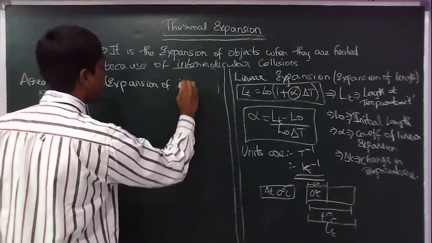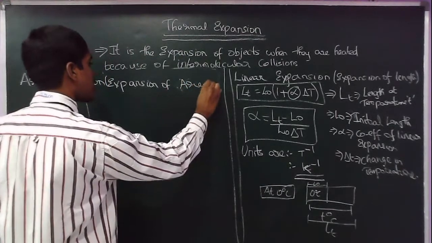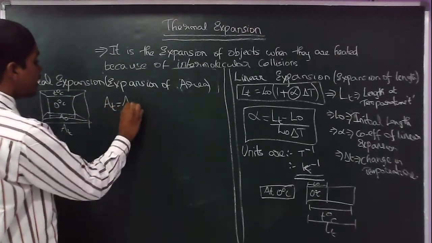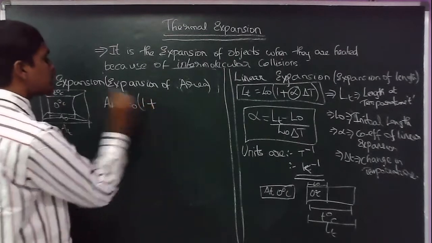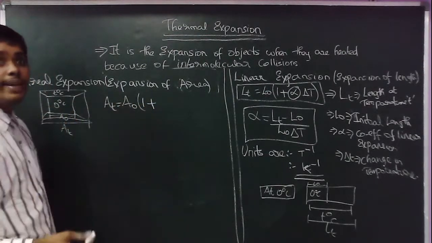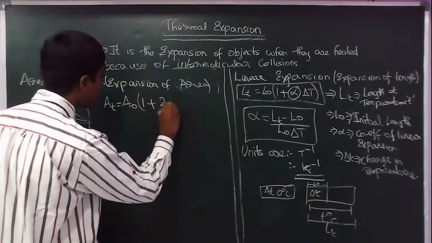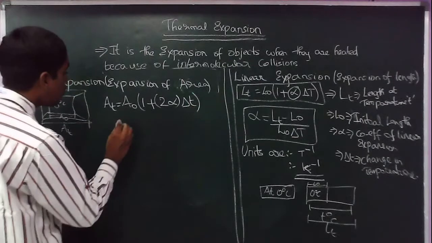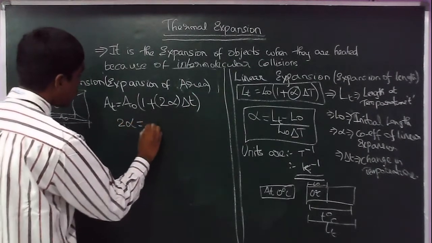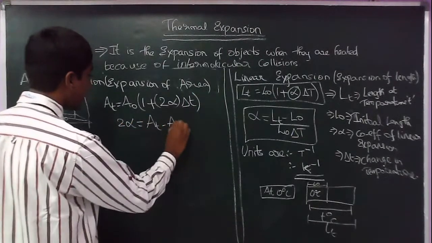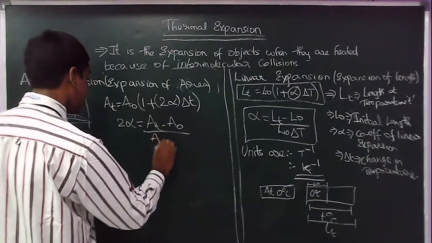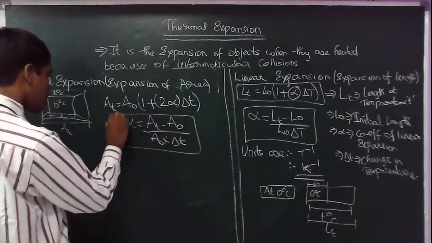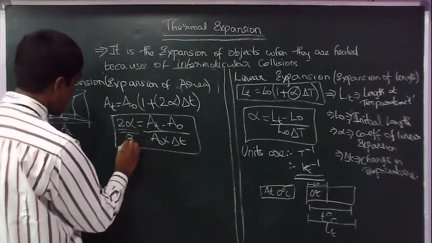Sorry, it is area. So AT is equal to A naught into 1 plus, in the place of alpha, you can write beta or 2 alpha into delta T. Now 2 alpha is equal to AT minus A naught upon A naught into delta T, or you can say beta.